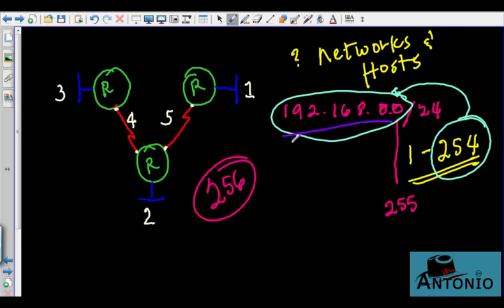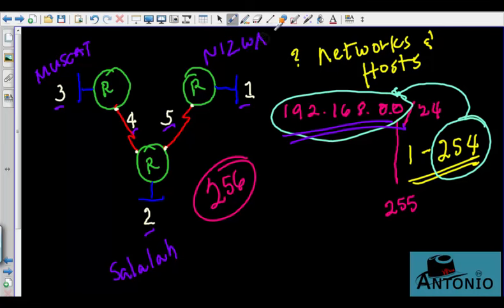Alright, so we need to break this major network, the 192.168.0.0/24, into smaller subnetworks. Let's say this may be an office from Muscat and another office across the WAN link to Salala and a WAN link from Salala to Niswa. So now we need to break it down, the one particular network, into 5 multiple networks or subnets. Let's do it.